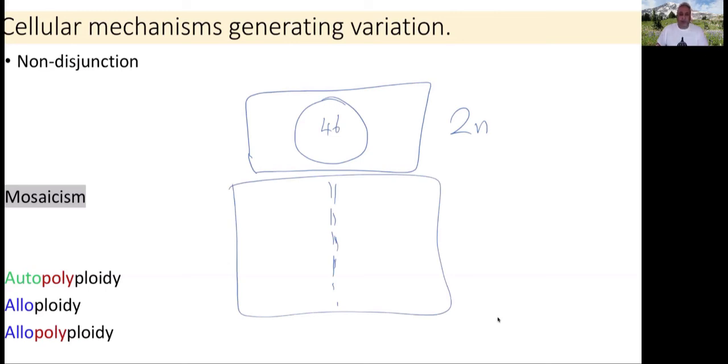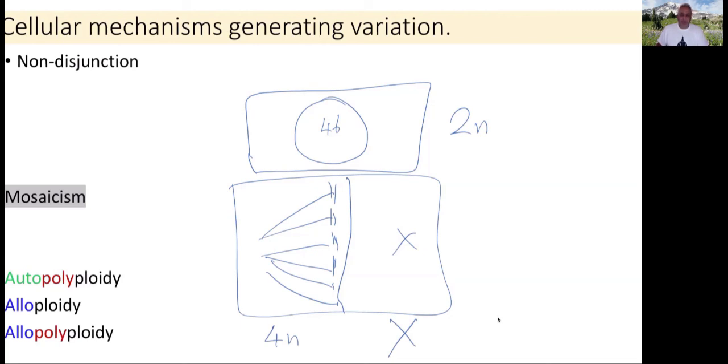And in very rare conditions, everything can be pulled to the left and nothing gets pulled to the right. So when this cell divides, the cell on the right has no chromosomes, it's not viable, it'll die. And the cell that's produced on the left will now be carrying double the number of chromosomes. So that would be 4N, or tetraploid.